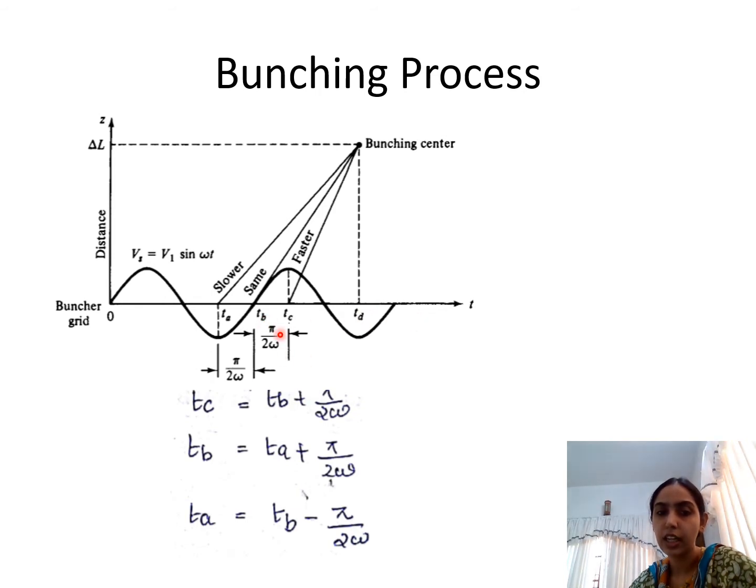I take the time Tc for the electron traveling faster, time Tb for the electrons traveling with unchanged velocity, and time Ta for the electron traveling with the slower velocity. I have written Tc and Ta in terms of Tb, as shown here.